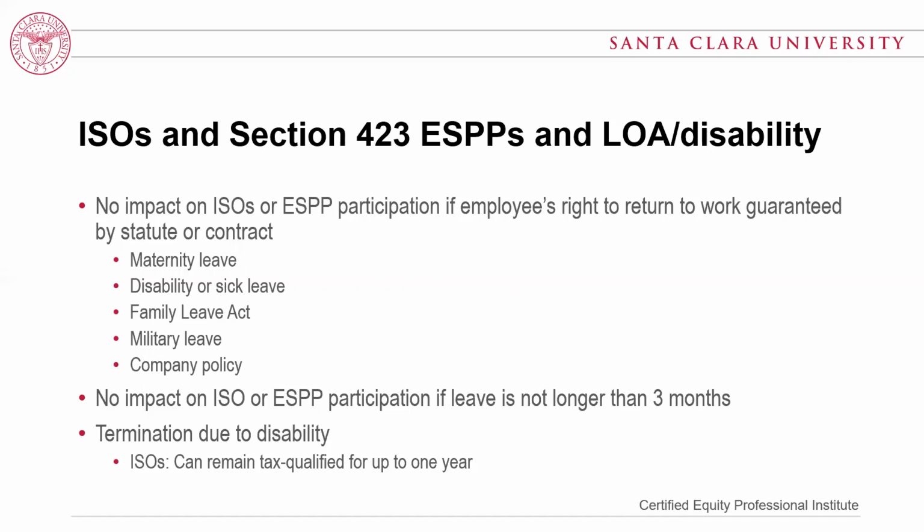For ESPP participation, the employee retains the right to participate as long as the leave isn't longer than 3 months or if the ability to return to work is guaranteed.